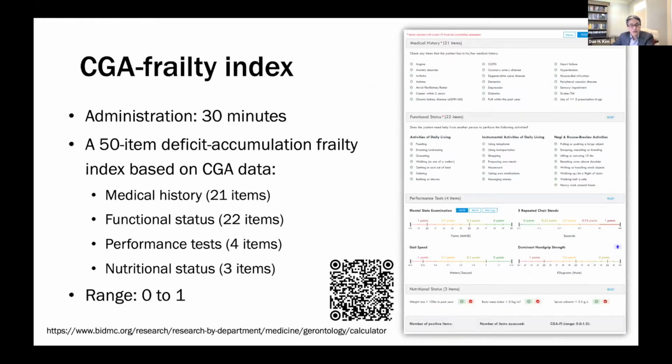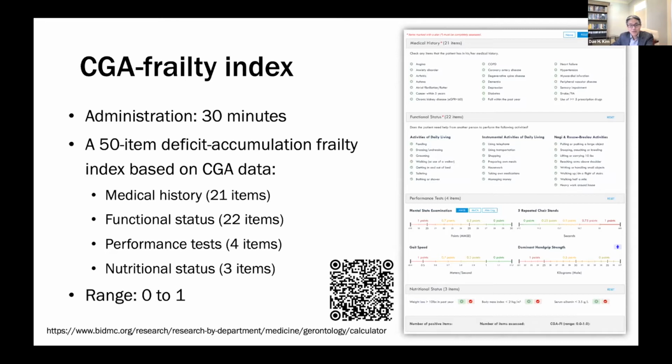On the other hand, a comprehensive geriatric assessment-based frailty index requires review of medical history, self-reported functional status, nutritional status, and cognitive and physical performance, although performance tests are not mandatory. A frailty index is calculated as the proportion of abnormal items assessed, so it ranges from 0 to 1, with higher numbers indicating greater frailty.